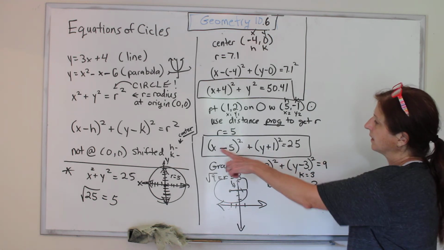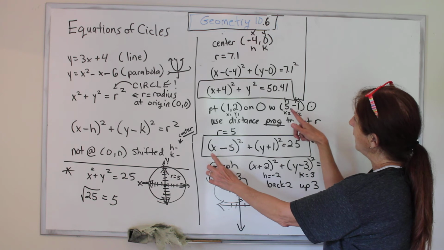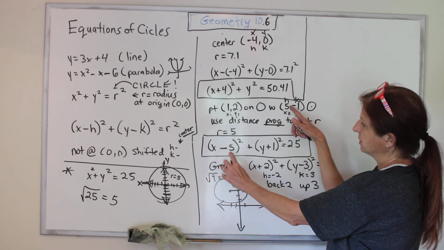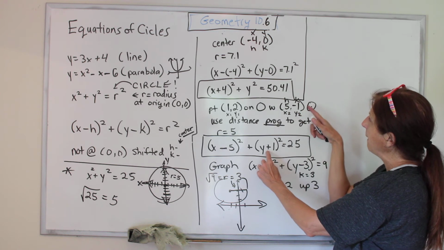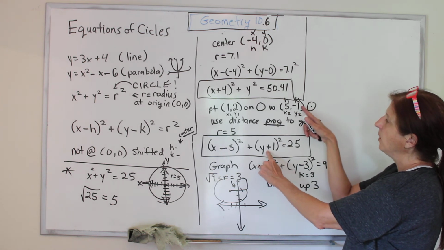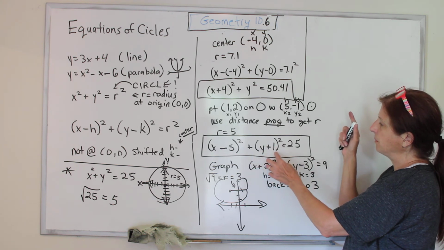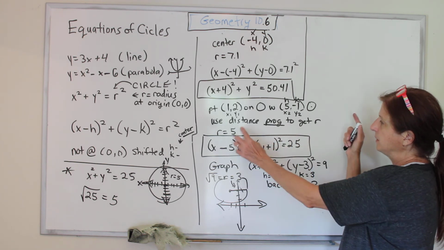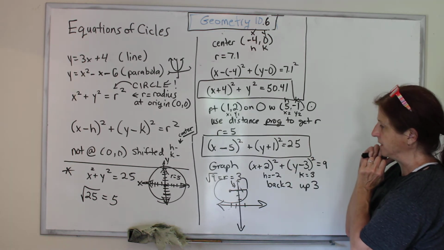So now we can plug it into our formula. X minus h, so that's x minus 5 squared plus y minus -1. Well, two negatives make a positive, so this is y plus 1 squared, and then we square our radius and we get 25, and that's the equation.